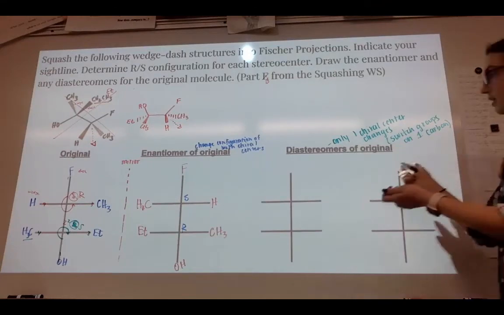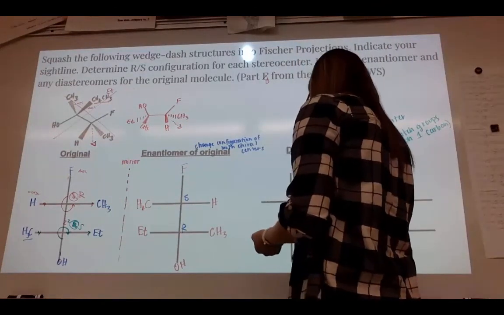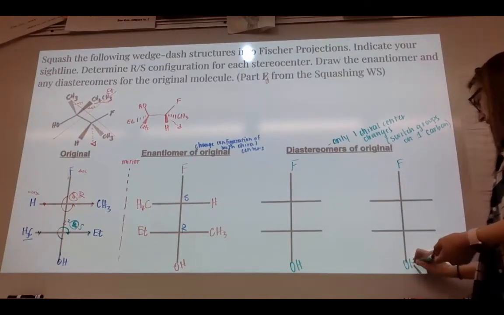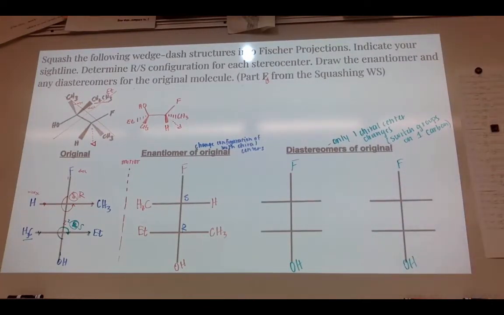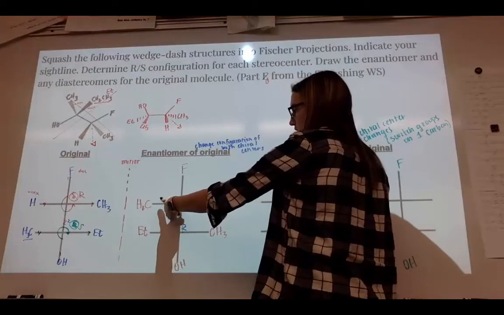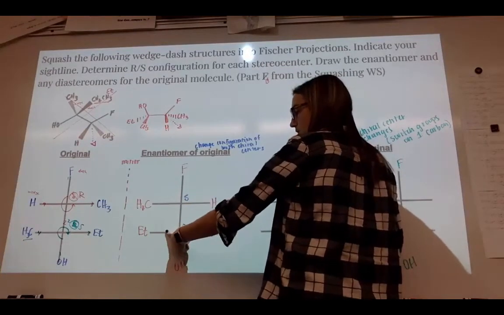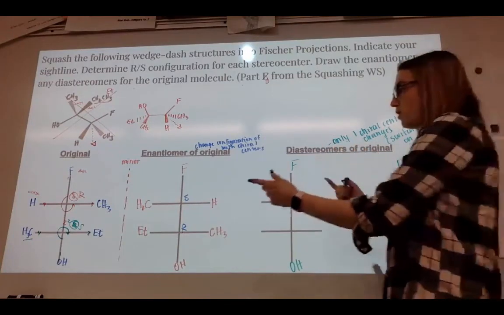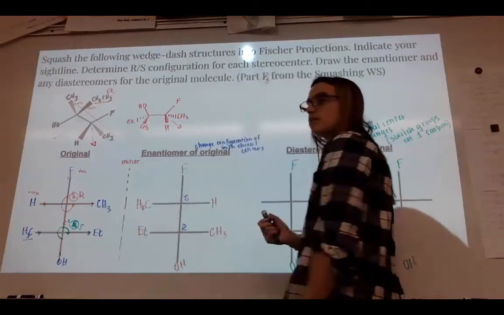The fluorine and the alcohol group are not going to change because those are in the plane of the page. So those are going to stay. When we talk about switching the groups, we're switching these. Now you only switch one at a time, because if I switch them both again, that goes back to the original.